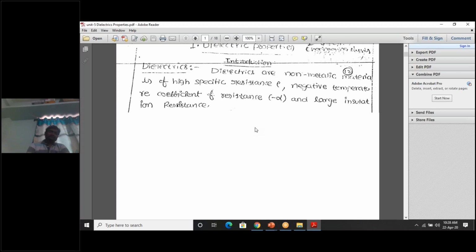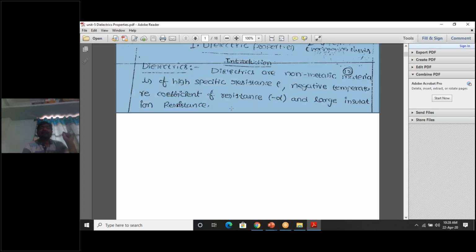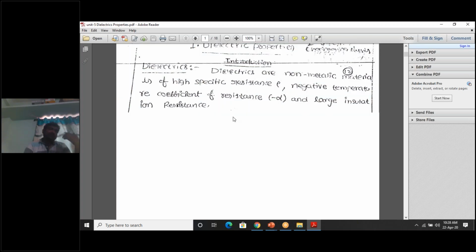So which means the dielectrics have a peculiar property. What is that property? Polarization. Dielectrics will show a peculiar property. What is that? Polarization. Either it may be electronic polarization, or ionic polarization, or orientation polarization, or space charge polarization. That we will introduce later in our class.